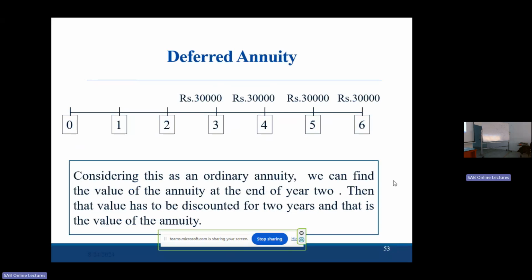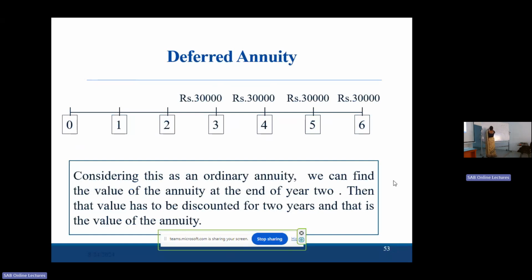Here you are getting 89,234. Right. So we are at the end of year 2 in the original timeline.